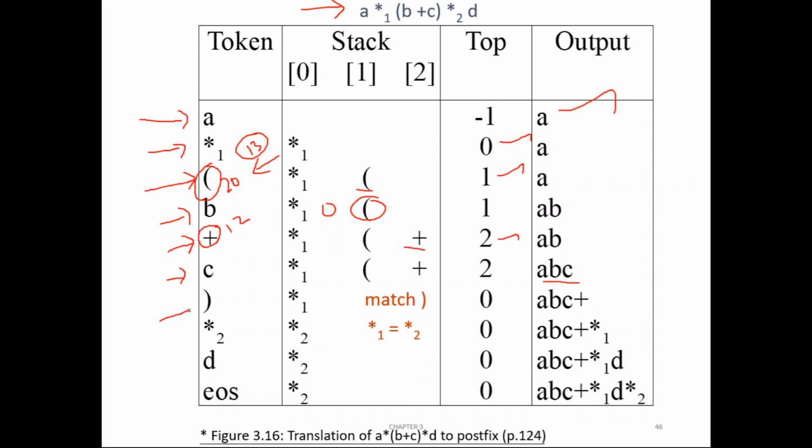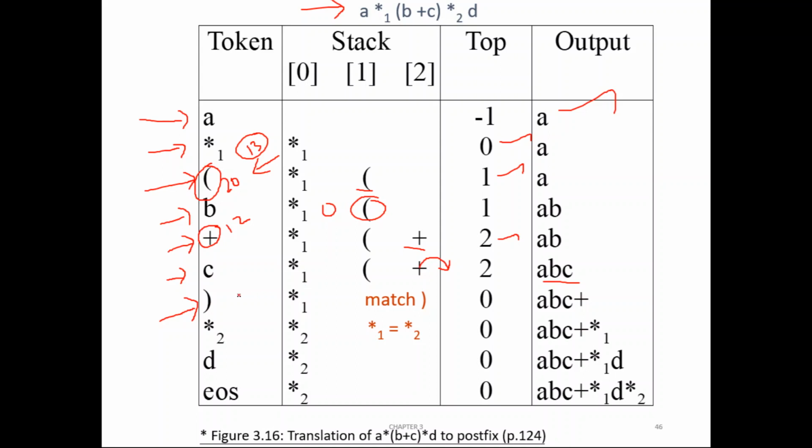Next is close bracket. If it is a close bracket, what should you do? Pop until you reach the open bracket and display. Okay. So pop this out. Plus will display.